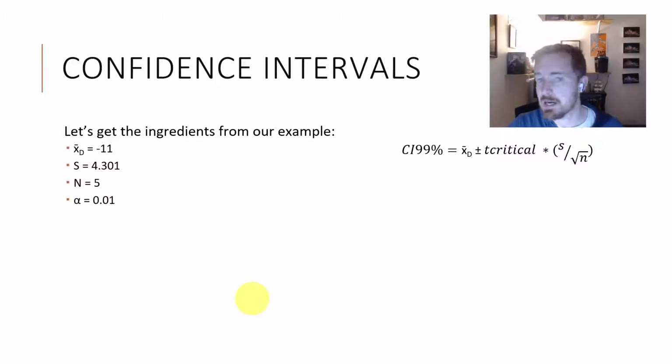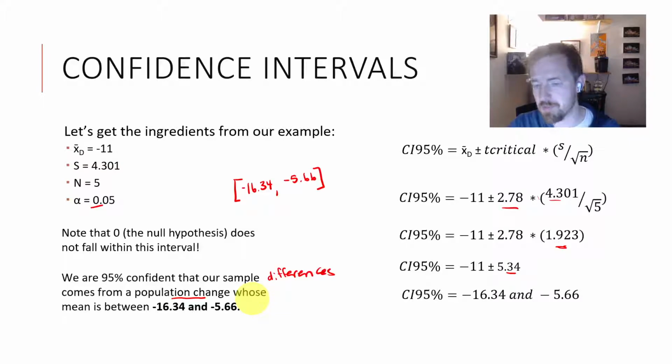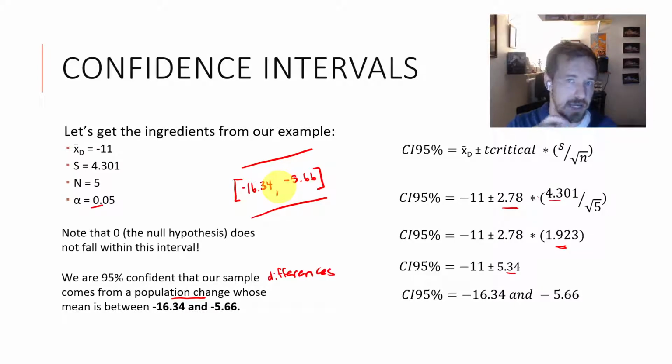So if we wanted to look at a 99% confidence interval, we can also try that. Actually, sorry, let me back up one more time. The way that you can use this confidence interval to test whether or not you need to reject the null is by looking to see whether or not your hypothesized difference according to the null is within this interval. As you may remember me mentioning, that's almost always going to be 0 that you're testing against.